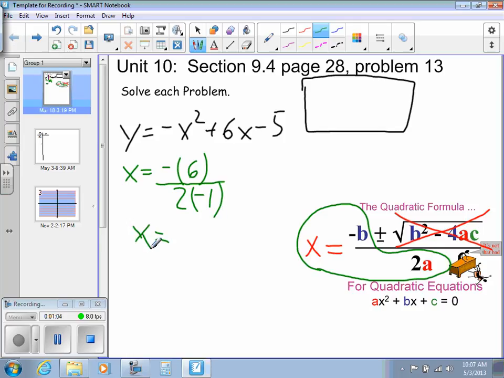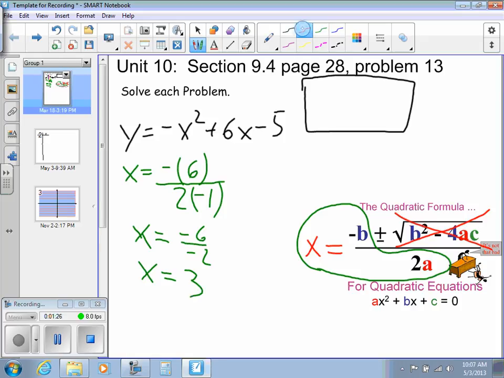My line of symmetry, I've got negative 6 over negative 2, and that simplifies to x equals 3. So the equation of my line of symmetry is x equals 3 everywhere on that line.